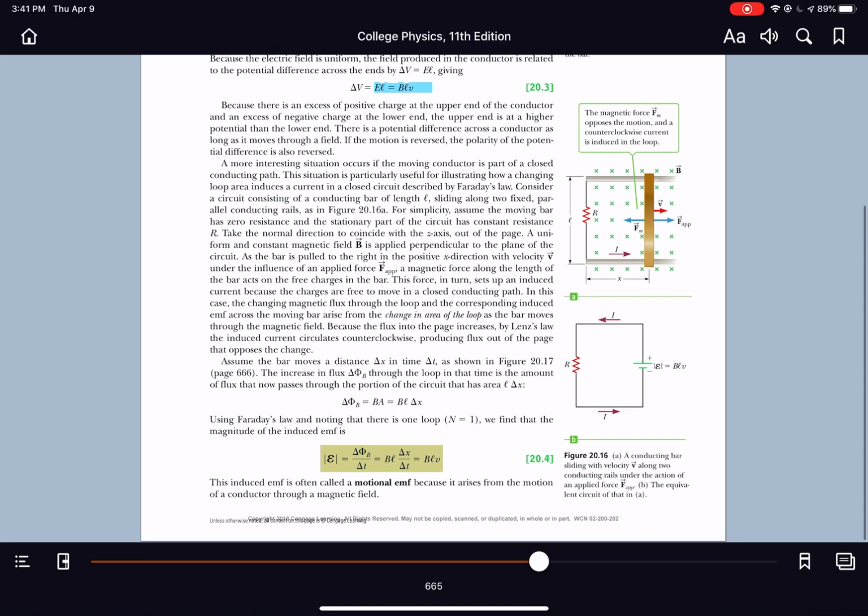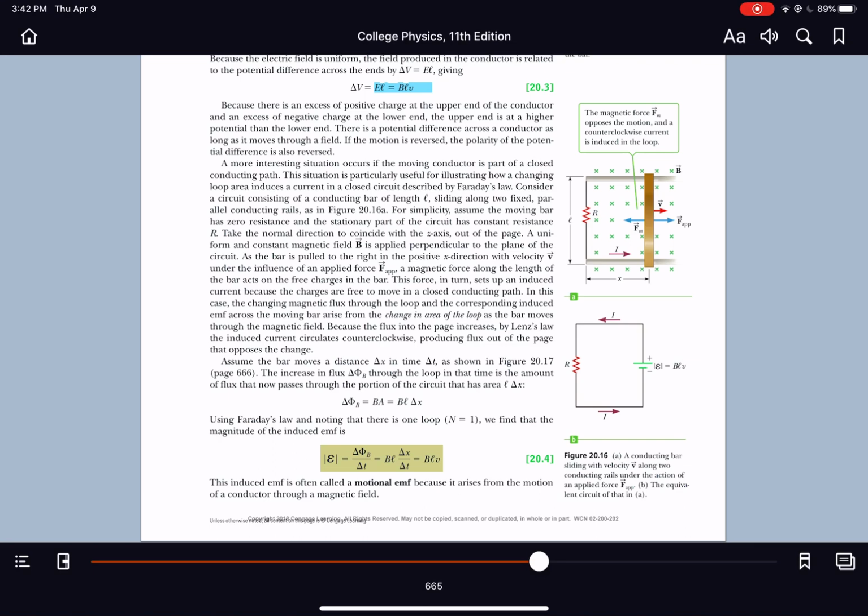Coming down to the bottom of the page, looking at this picture, we've got something a little different going on here. Imagine that we had a railroad track with two steel beams, and we can make this much smaller. It doesn't have to be as big as a railroad track. But imagine we have two metal rails represented in gray, horizontal, parallel to each other.